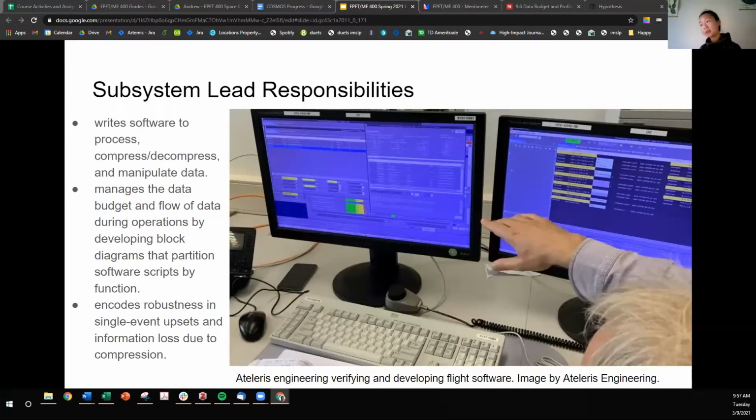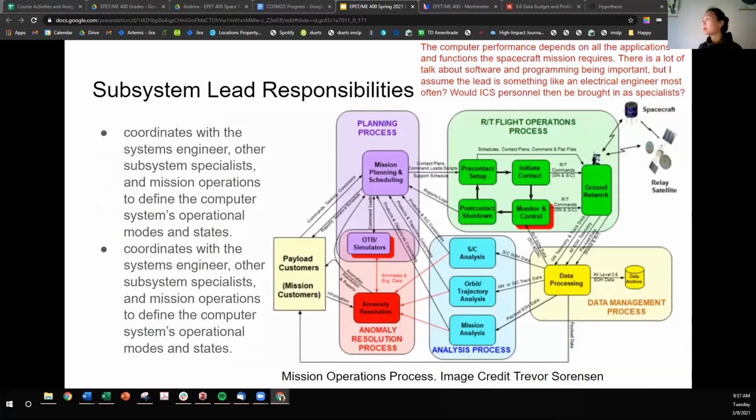And then also part of the flight software is to encode robustness when failures happen in the form of single event upsets, which are radiation events, and information loss due to compression. Okay, another subsystem lead is to coordinate with the systems engineer and other subsystem specialists and the mission operations team to define the computer system's operational modes and states.